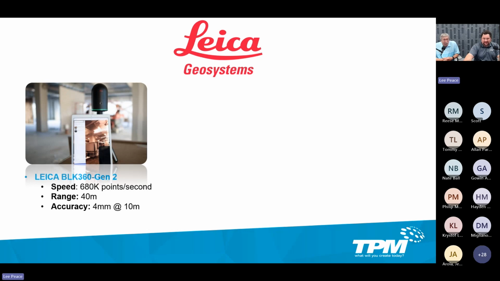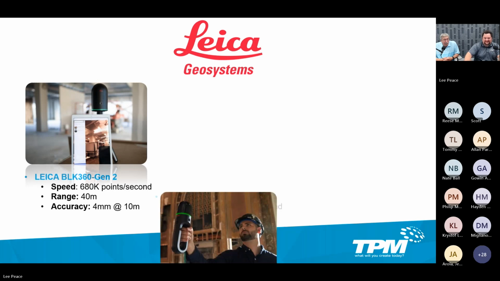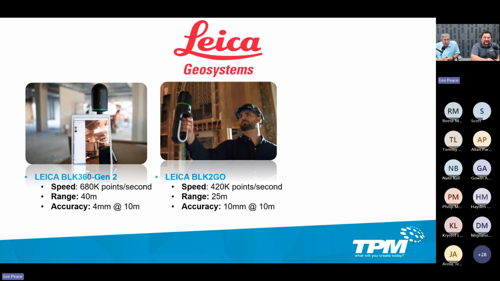Next on the list, we have the BLK2GO. This is a SLAM-based scanner. It actually uses a technology called GrandSLAM. As you're walking around with the scanner, it is using both visual and LiDAR to figure out exactly where it is.